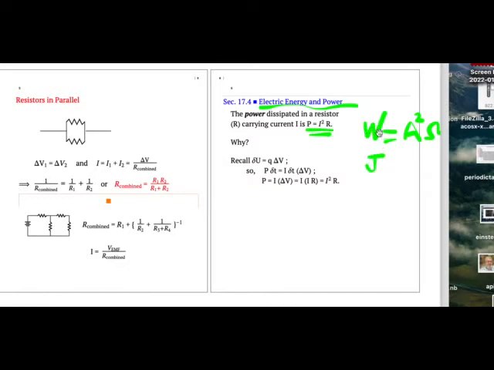Let's multiply both sides of the equation by seconds. So joules is amp squared. Now amp squared is coulomb squared per second squared. But remember, I multiplied both sides of the equation by seconds. So 1 over second squared times seconds is seconds.